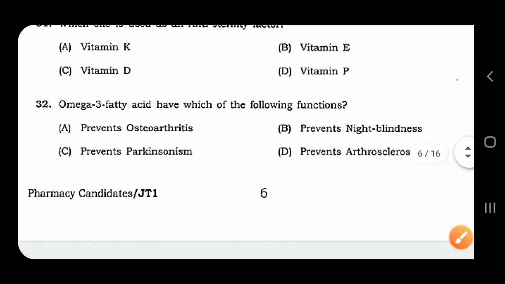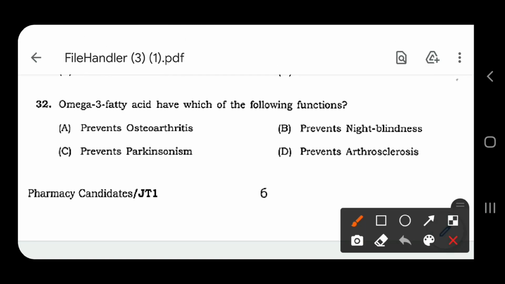Next is question number 32. Omega-3 fatty acids have which of the following functions? Prevent osteoarthritis, prevent night blindness, prevent Parkinsonism, prevent atherosclerosis. Here the correct answer is prevent osteoarthritis. That is option A.